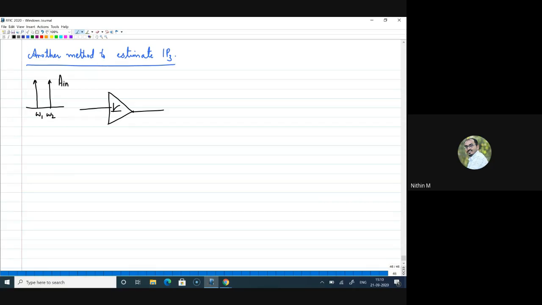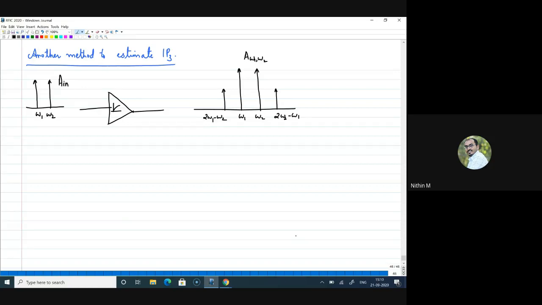This is the amplitude given to the nonlinear system, and we know that at the output we'll get components at omega 1 and omega 2, and then components close to the fundamental, which are 2 omega 1 minus omega 2 and 2 omega 2 minus omega 1, right? Input amplitude I'll take as A in, and the amplitude at omega 1 and omega 2 I'll mark as A omega 1 omega 2. That is the amplitude of the output at the corresponding frequencies.